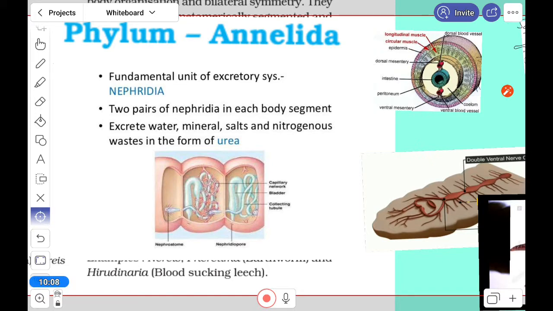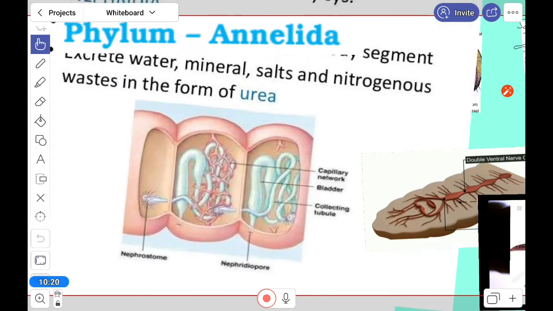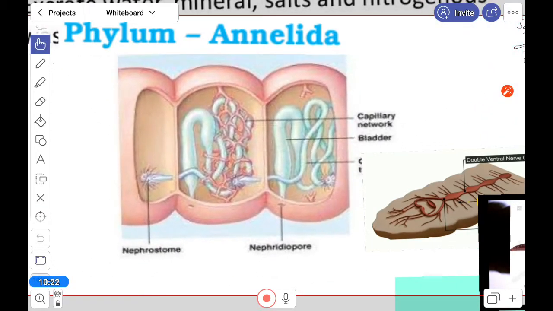There are two pairs of nephridia in each body segment, and they excrete water and minerals. It is just like our nephron. You can see the opening, the nephrostome, and the coiled tube-like structure, almost like our nephron. This part is also advanced.